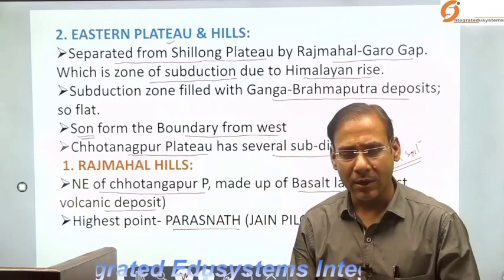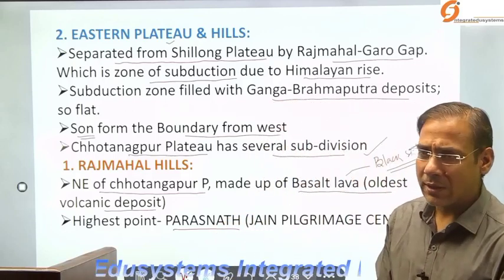Parasnath is the highest point of Jharkhand, and it lies in the Rajmahal Hills region.